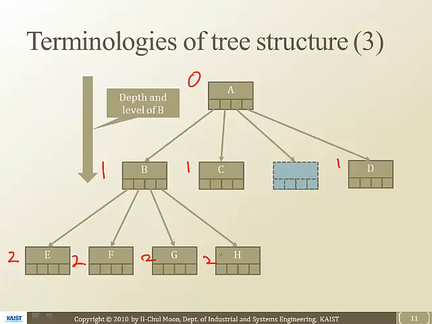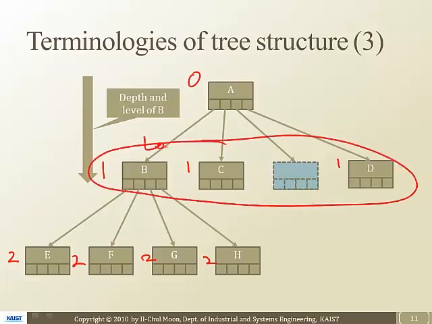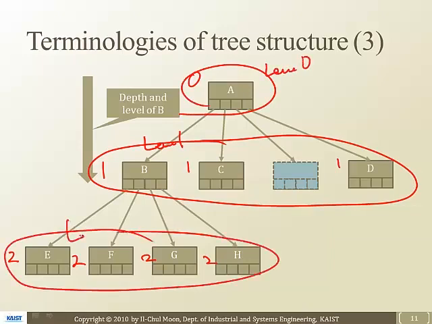If these nodes share the same depth, they are at the same level. Level 1, level 0, level 2. Right? It's very easy. Depth 0, depth 1, depth 2.